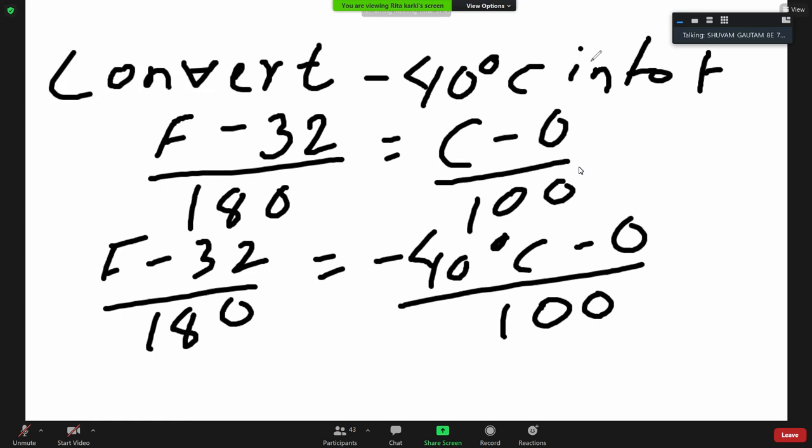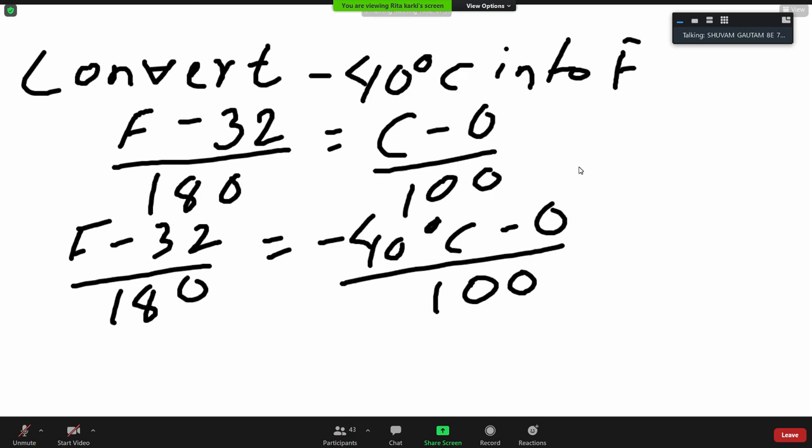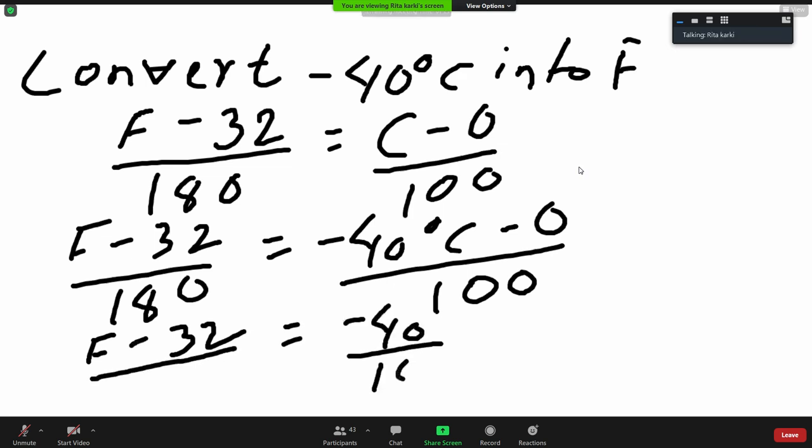Now F minus 32 is equal to minus 40 upon 100 into 180.